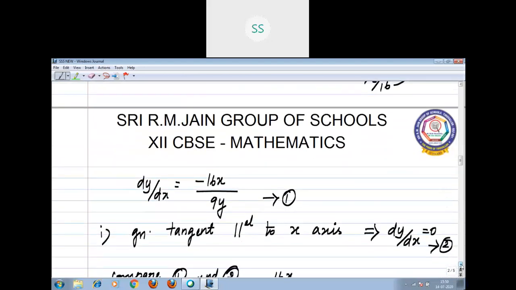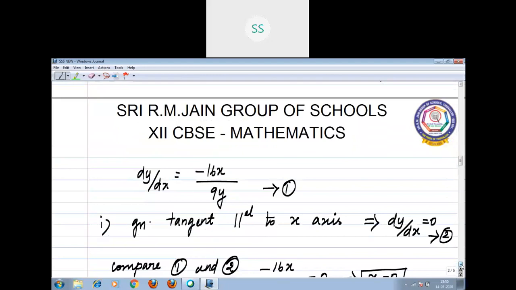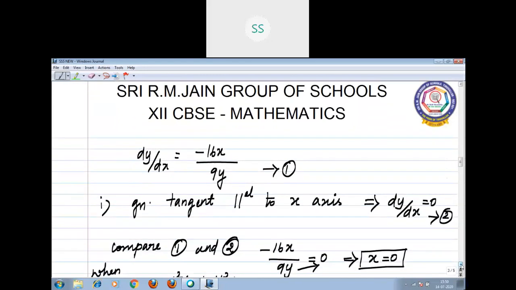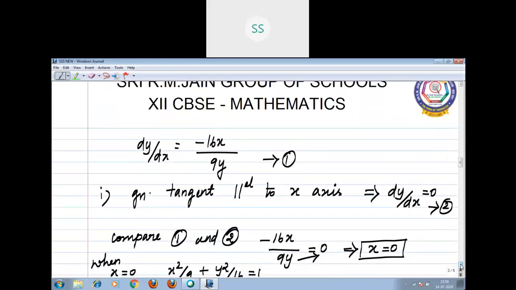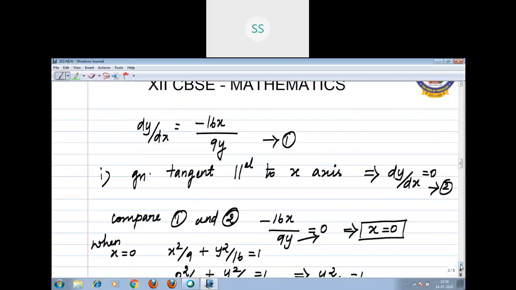Given tangent parallel to x-axis, so dy by dx equal to 0. When you compare, you arrive at the result x as 0. That you substitute, x is equal to 0.